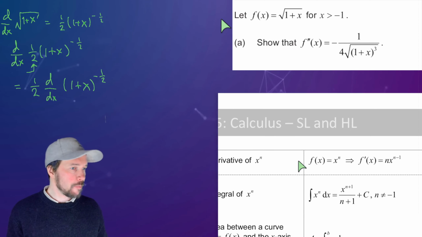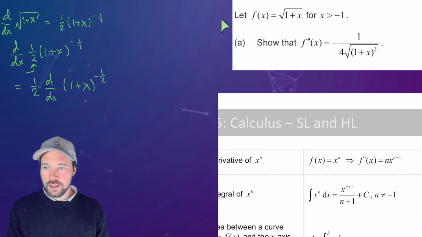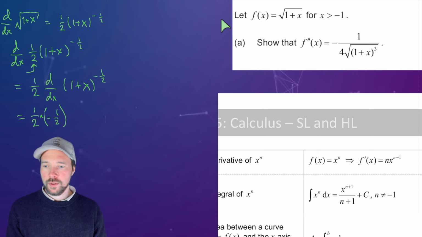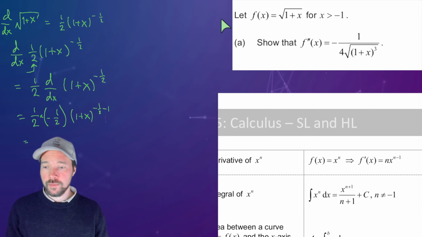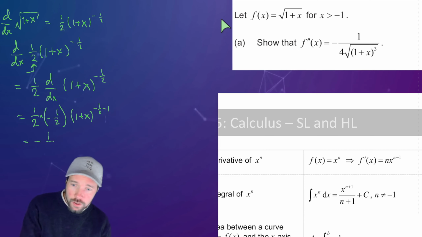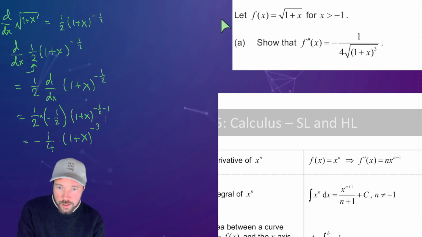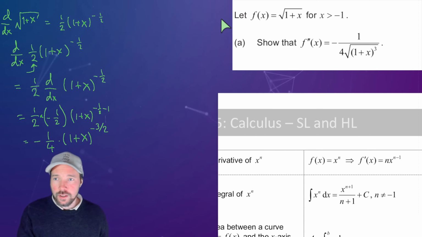This means that this exponent jumps down, it becomes minus half times 1 plus x, and then minus half minus 1, which is minus 1/4 times 1 plus x to the power minus 3/2. This is the answer. This is the second derivative of this function.